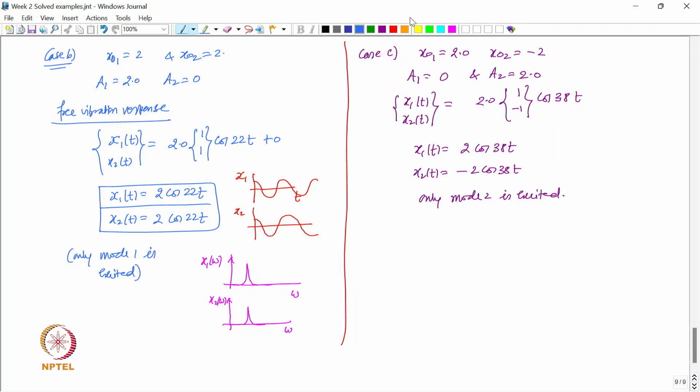So here, if you see the response, again it will be a cosine wave at the higher frequency. x1 and x2 would have the same frequency, but they are out of phase. So x2 will basically have this kind of cosine wave.